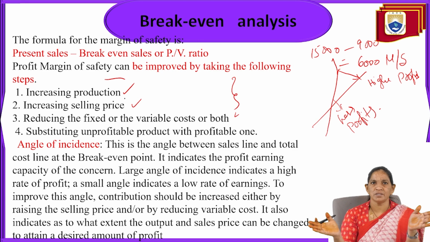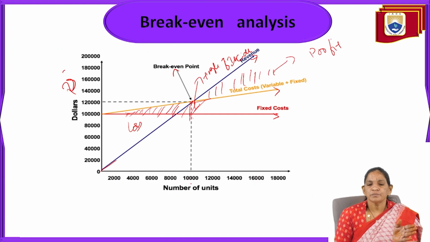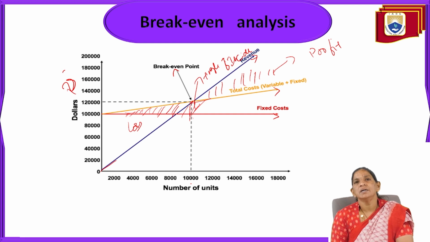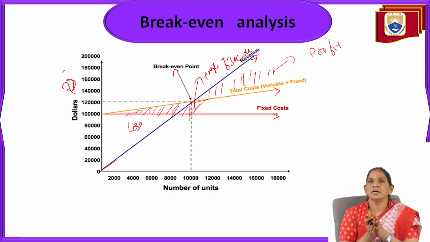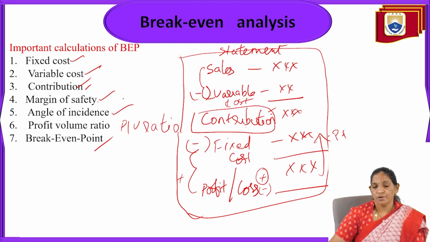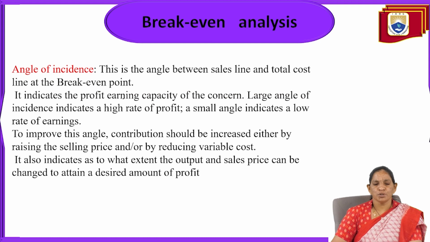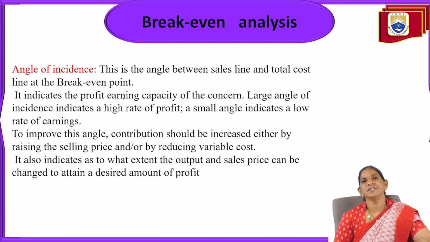In break even analysis, it shows the extent of getting the desired profits, how far we can get them. So this is also an important point relating to the angle of incidence.